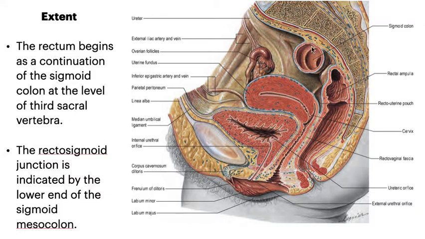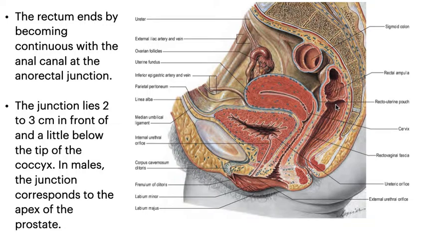This is the sigmoid colon at the level of the third sacral vertebra. The rectosigmoid junction over here is indicated by the lower end of the sigmoid mesocolon. The rectum ends by becoming continuous with the anal canal at the anorectal junction.